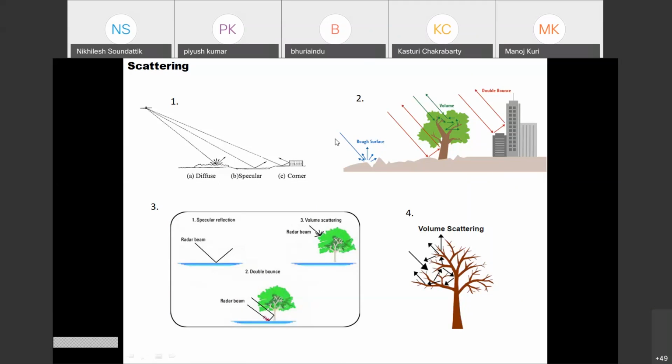And there are corner reflectors like buildings, where the signal is reflected to the ground, to the building, and again to the ground, which gives a very bright signature tone in the radar images. Within the forest, the same scattering components also occur, but the most important is volume scattering, where multiple scattering occurs within a tree, within the branches, within the leaf components, and due to the multiple scattering, the backscatter improves.